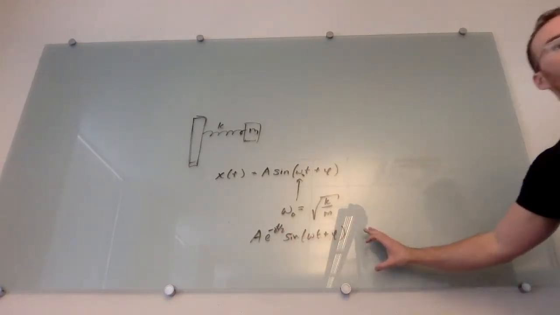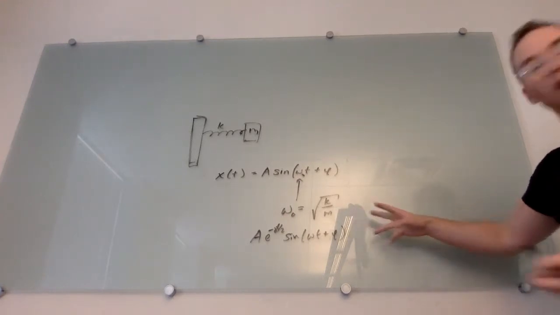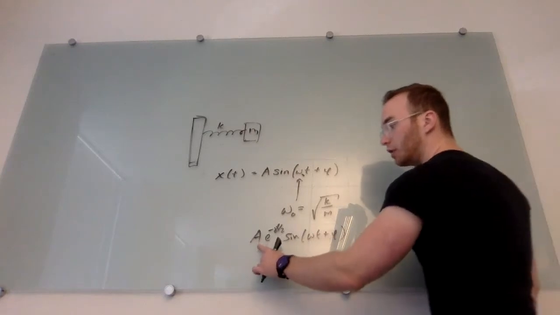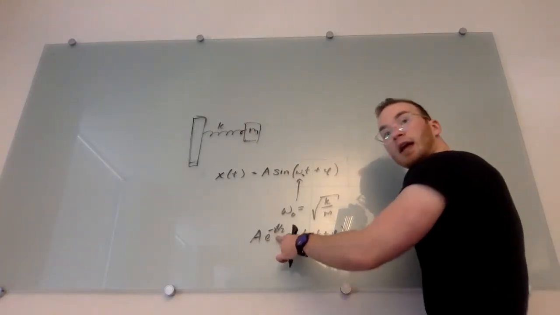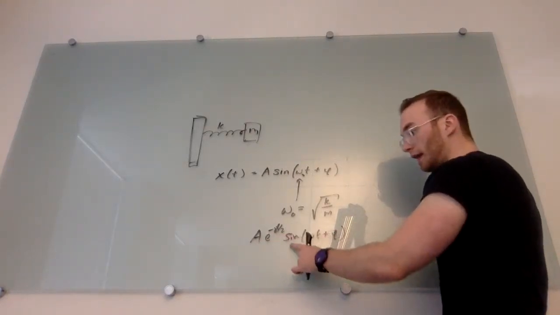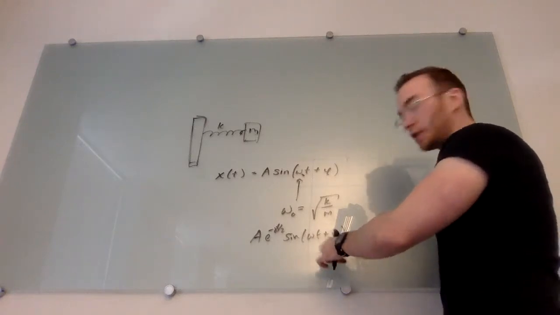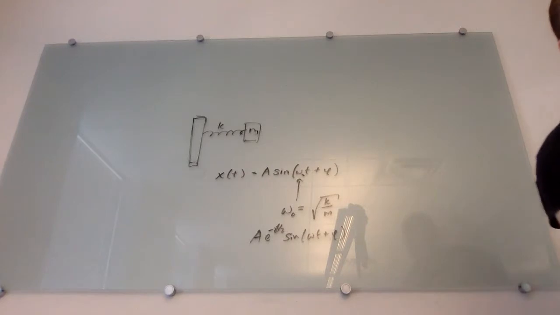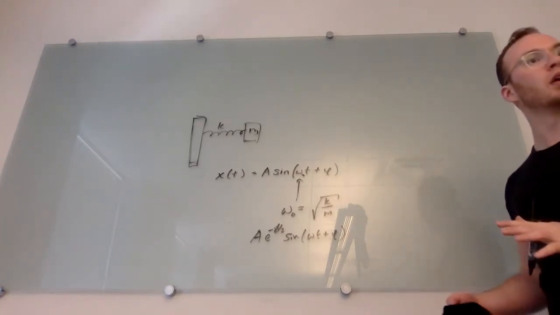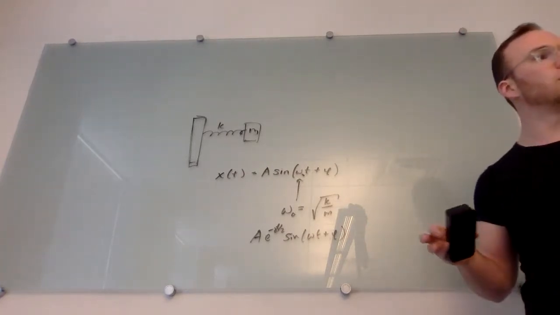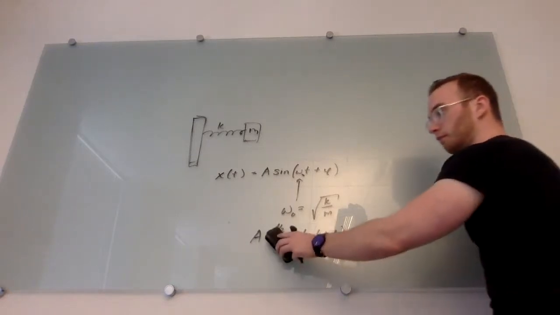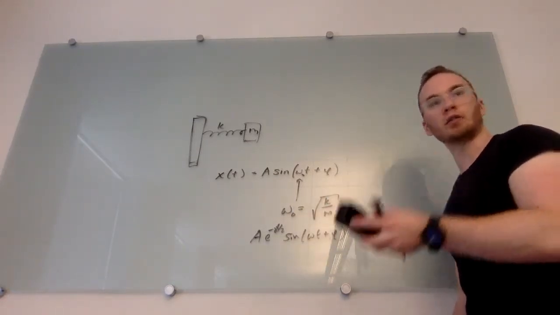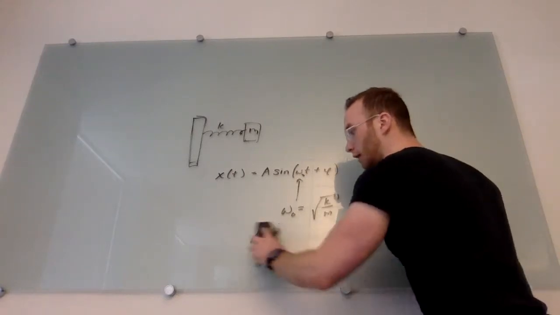You could look in the book for the exact form, but it looks roughly like this. There's an amplitude, a negative decaying exponential, and then an oscillating part. So this is the damped oscillator, and this is the undamped. Now, for this problem, it doesn't matter that it's damped at all. So for now I'm just going to set gamma to be 0, which means it's undamped, because it doesn't actually matter for anything in this problem.